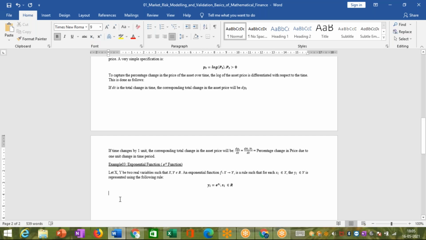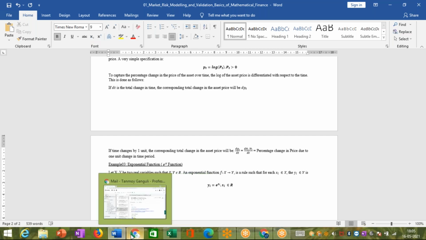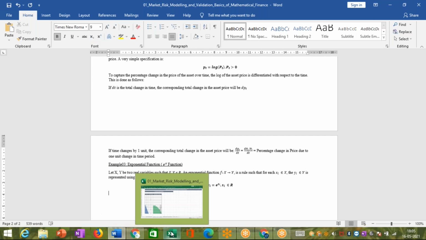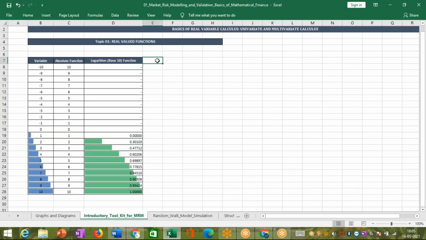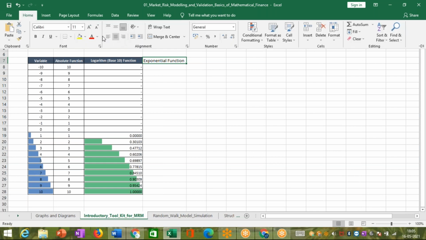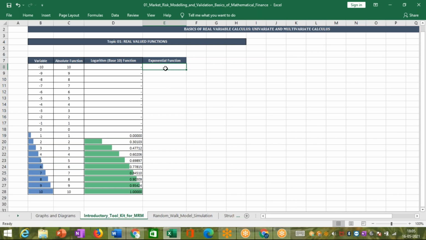So let's go back. The exponential function over here is something like this.